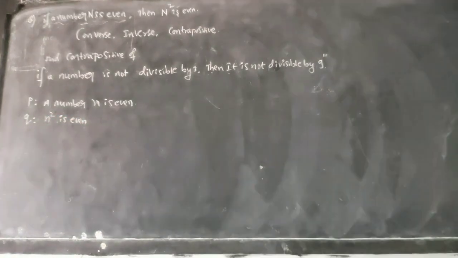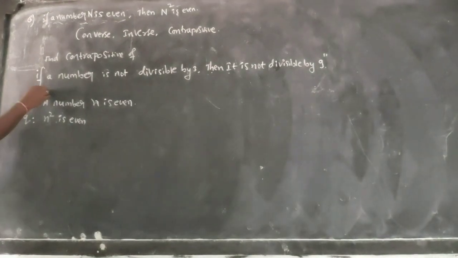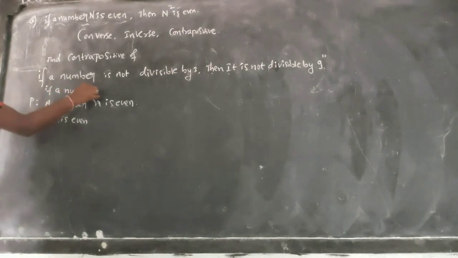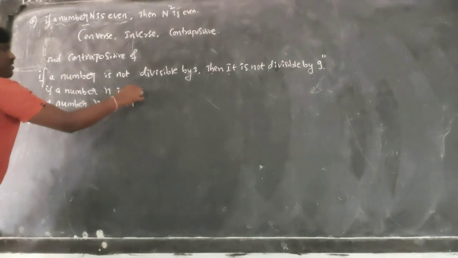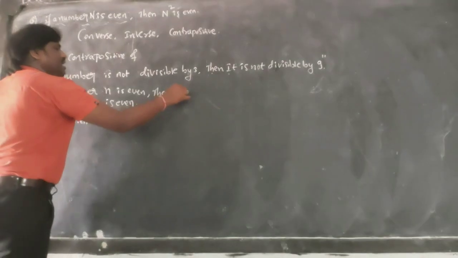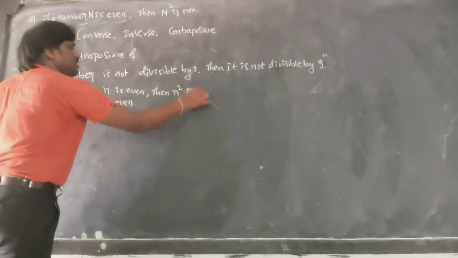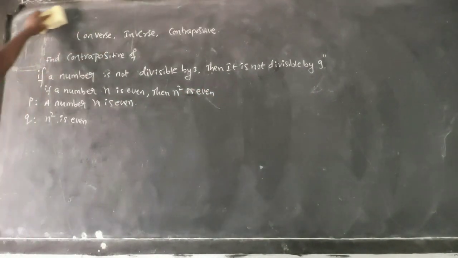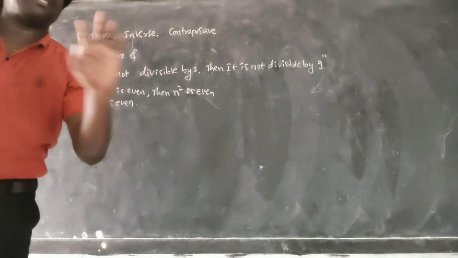Now I am taking this conditional statement: if a number n is even, then n square is even.